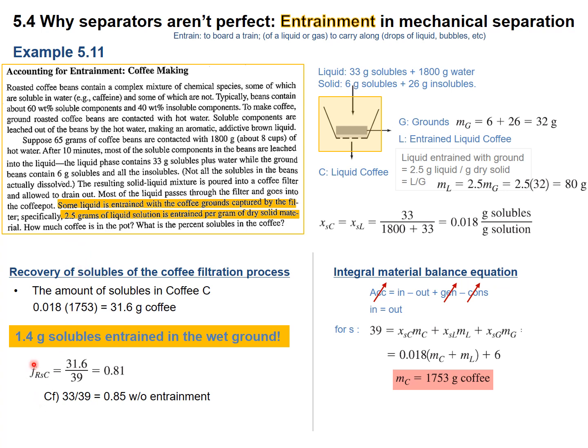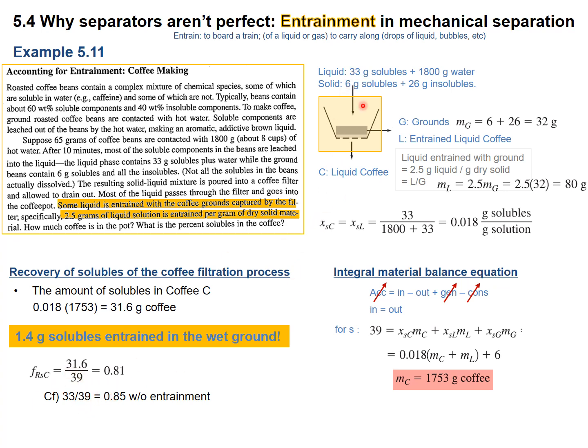So, the fractional recovery of coffee solubles in the C stream is some amount of coffee here and total amount liquid. No. Again, the amount of coffee solubles in the C stream per original solubles in feedstock.